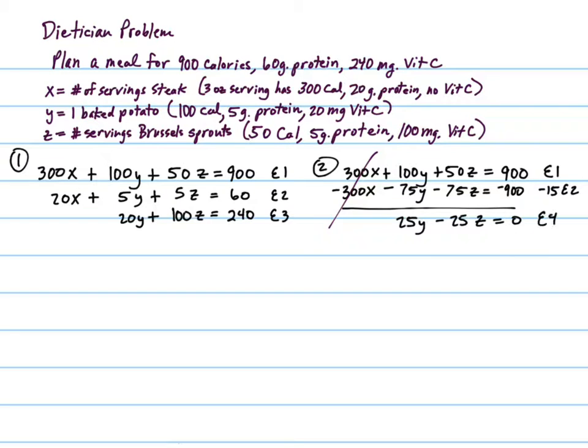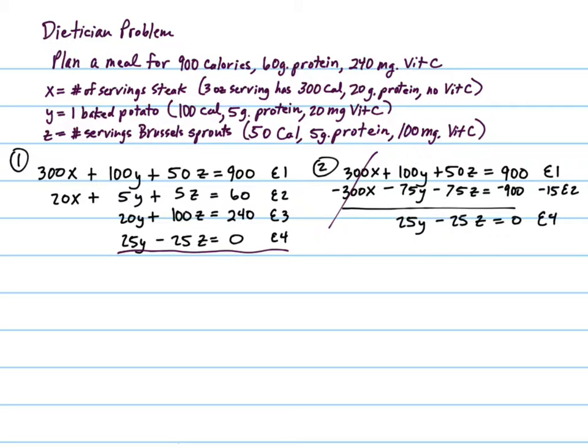And so let's call this equation 4, and now we can take this equation with our equation 3, and so now we have two equations in the same two variables, and we can use those to solve for y and z. So let's do that. You can see that it looks like it's going to be easier to eliminate z. In fact, 4 times negative 25 would be negative 100.